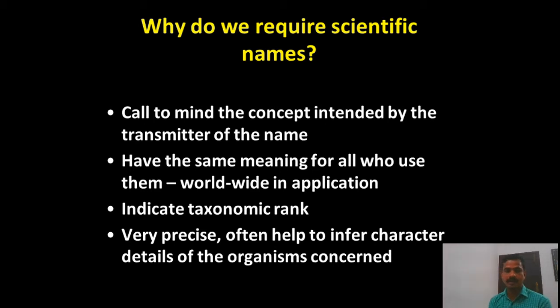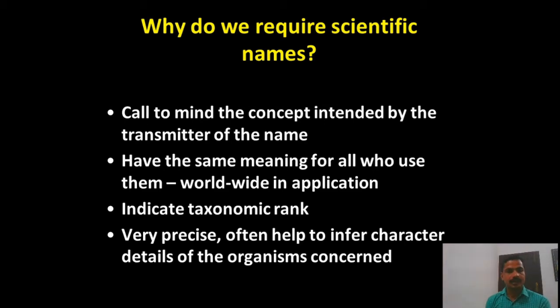For example, papaya. The papaya is known by many common names in Kerala, in Kannur, but it is known by only a single species name all over the world, Carica papaya. It is papaya in Kerala, papaya in Tamil Nadu, papaya in the United States.